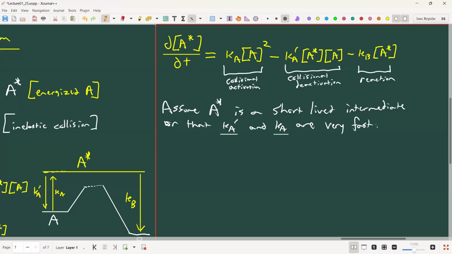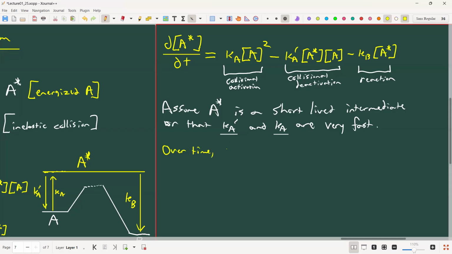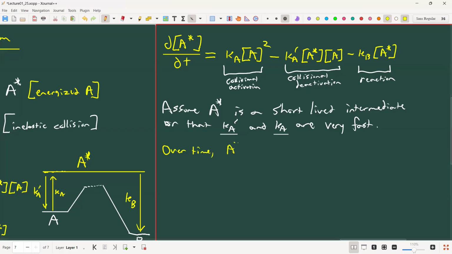And so that means that every time A prime gets created, it basically gets instantly destroyed. So over time, A prime gets created as fast as it gets destroyed.